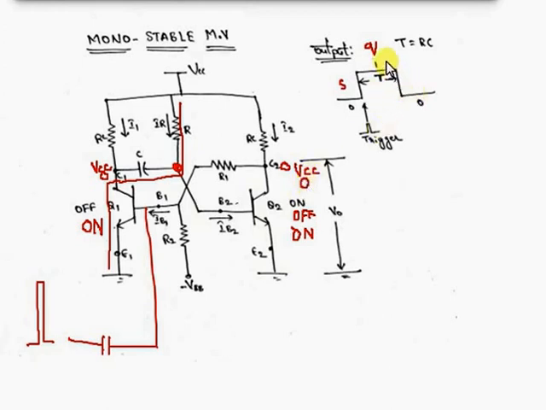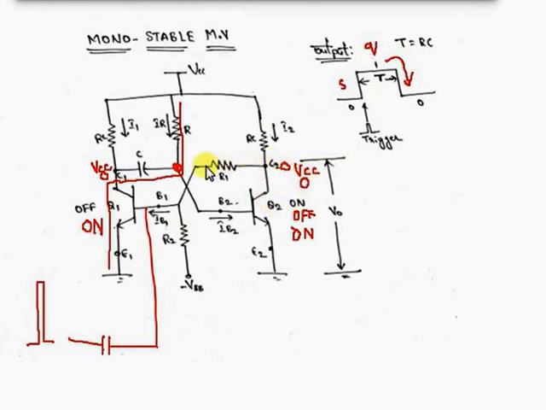Therefore the output changes from 1 to 0. The transition is changed by the circuit itself, without applying an external trigger at the base of transistor Q1.